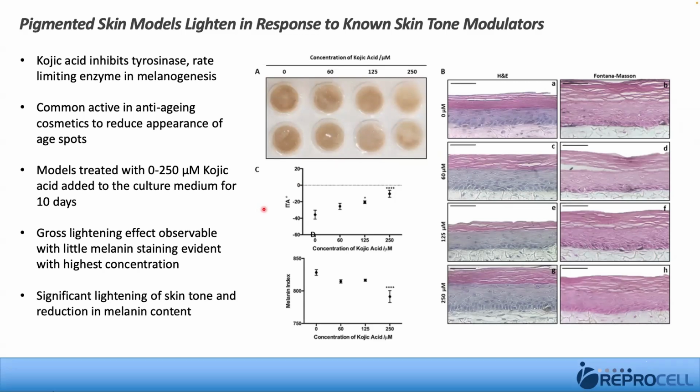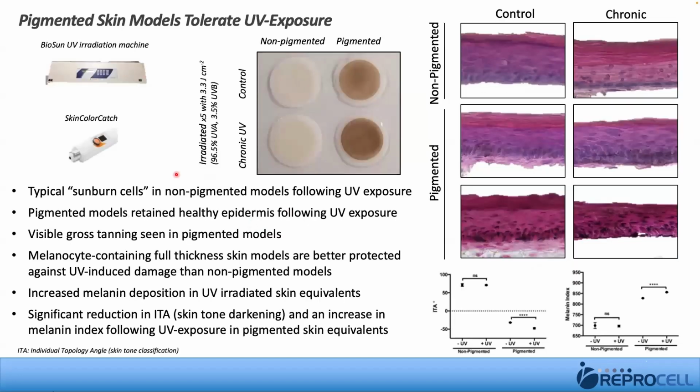It's a handheld instrument which you put onto the surface of skin, and it will measure the melanin index and the ITA, which are references of skin tone. So you can quantify it, and you can see that very nicely as melanin index decreases as kojic acid increases. This is the Color Catch here. This is the device which sits on top of the skin models, as I mentioned.